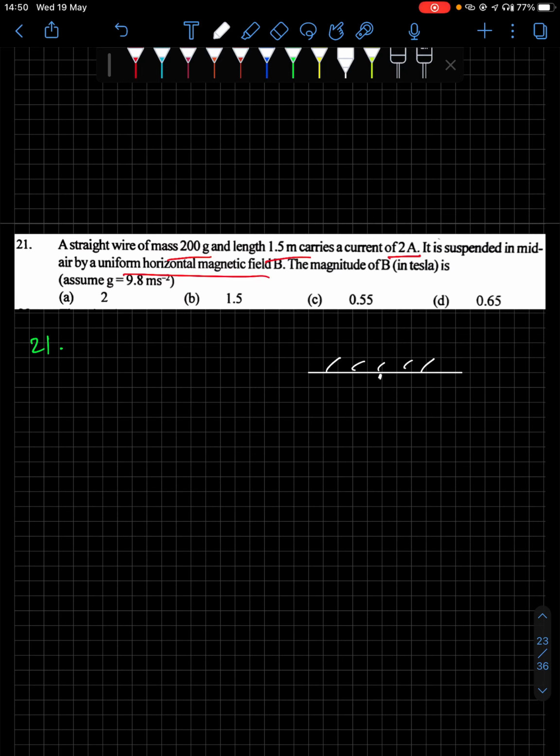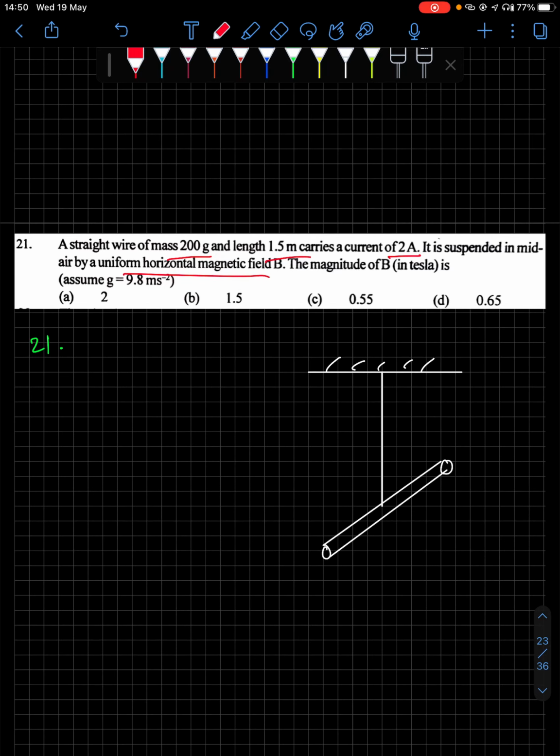So consider this as the rod. This is the rod, and if we consider some axis over here, this is x-axis, this is y-axis, and say this is z-axis.